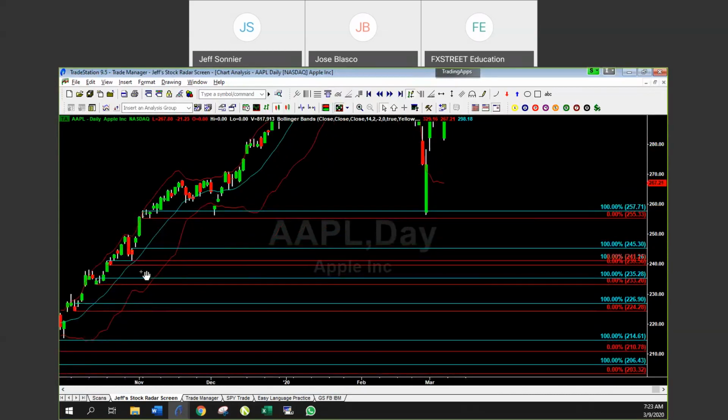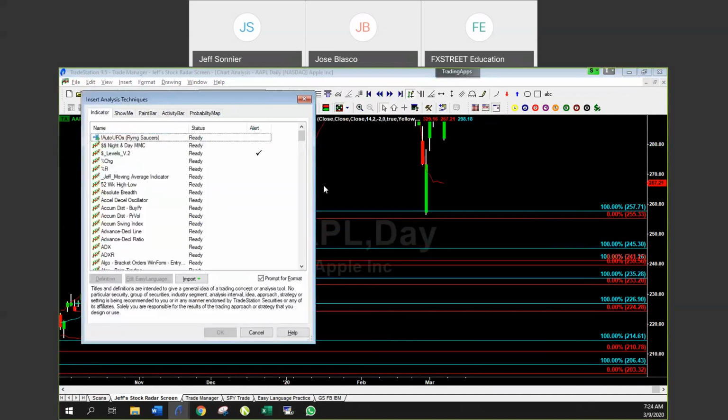And for those that may not be able to zone very well, Jose has come up with a really cool tool called UFOs. And I'll go ahead and put it on my chart here. Here's AutoUFOs. That's actually my first one.